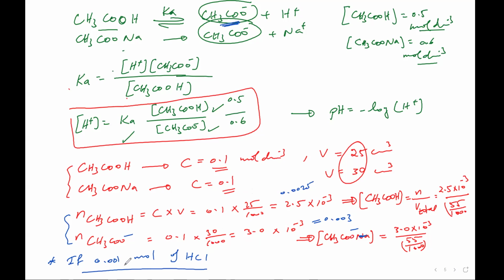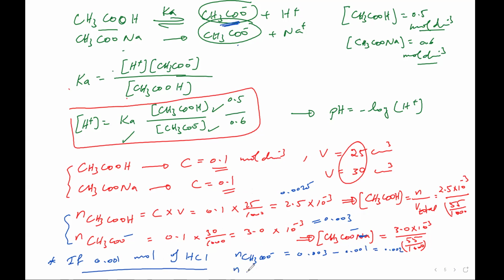So what happens if I add 0.001 mole of HCl? It will react with the base, the conjugate base, to form the acid, as we said. So the number of moles of the CH3COO minus will be equal to 0.003 minus 0.001. It becomes 0.002.